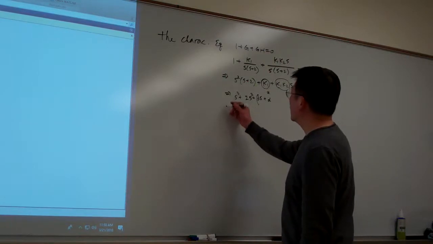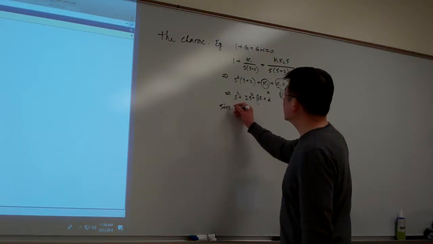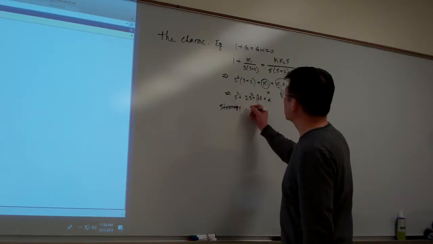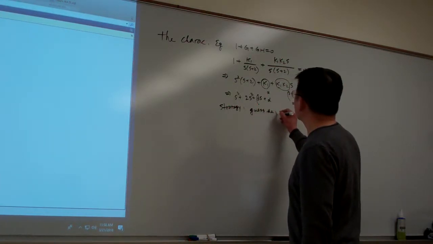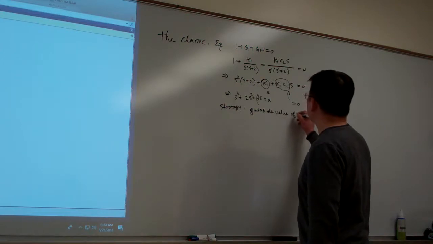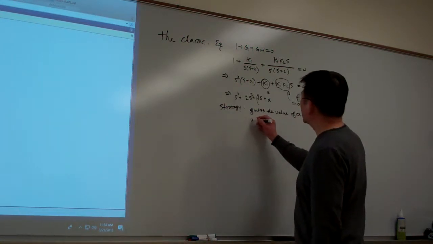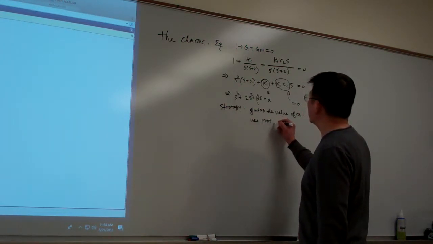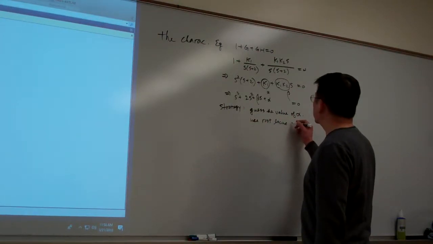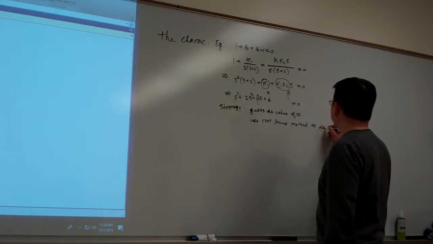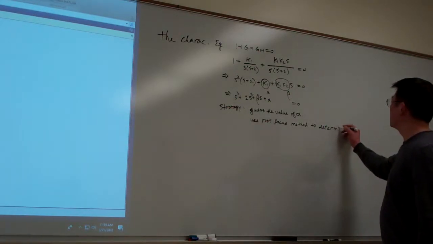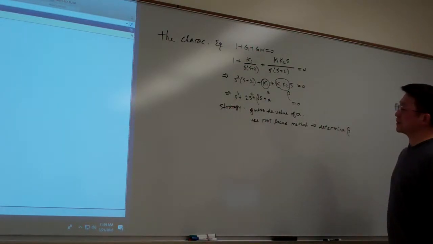Okay, so the strategy is this: guess alpha, and use the root locus method to determine beta. Okay, so that's the strategy.